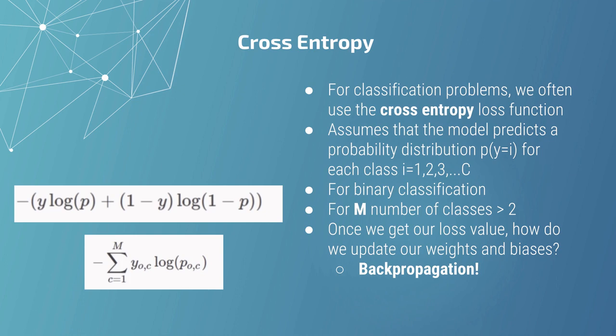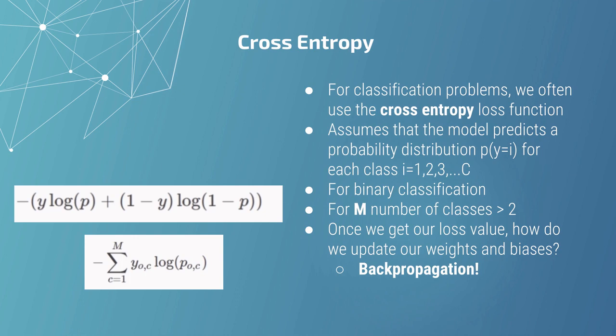So once we use this big formula to get our loss value, which is the minimum value of W, how do we update our weights and biases so that our model reduces the loss? Remember, a loss function simply says what is the difference between the model's output and the actual output.